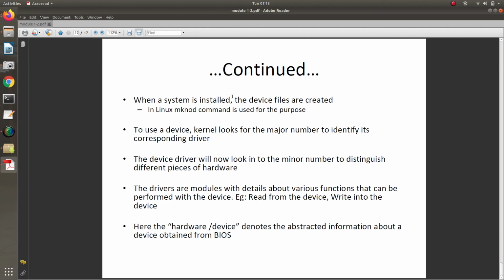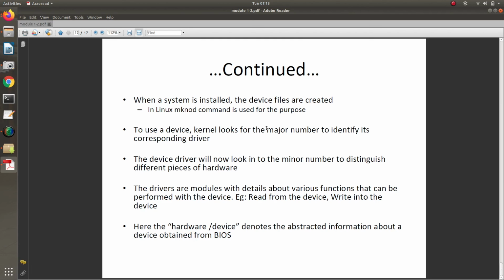Now, when a system is installed, device files are created. To use a device, the kernel looks for the major identity number to identify the corresponding driver. If you want to use a printer, that's a better example, the kernel first looks for the printer's major number to identify its corresponding driver.